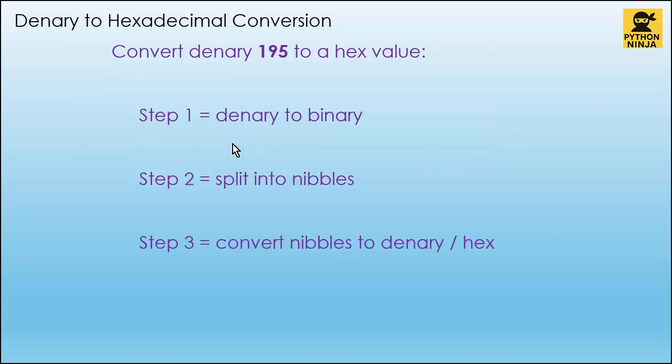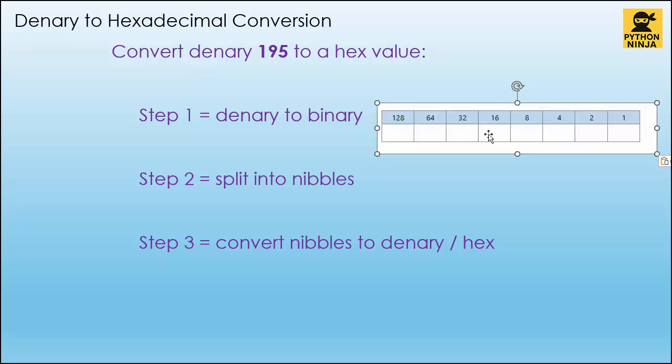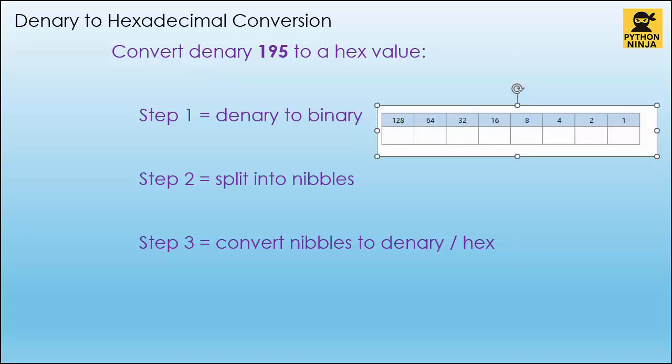So the first step is to convert this denary value 195 to a binary value. We've been doing that for some time, so we just use our trusty table. So 128 plus 64 is 192. So we're not quite to 195, but we're certainly going to be putting zeros here. 192, we just need to add 3.